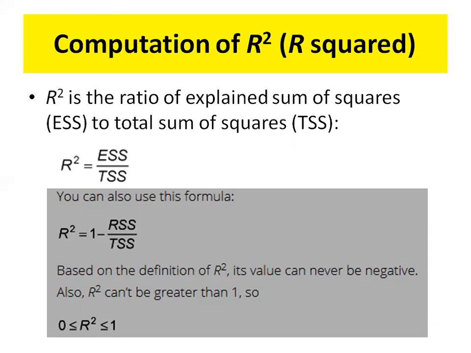Why can it not be negative? Because we have the actual value of Y, and you see the definition of it: the sum of the square differences between the actual value of Y and the mean value, that is, the sum of (yi minus y bar) squared.